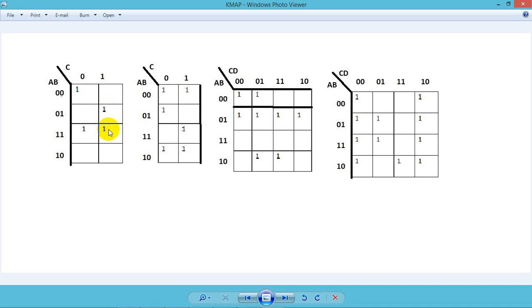You can group this one and you can group this one too, and when you have one alone like this, you can also group it, and the reason why you can group this one alone is that it is in 2 power n.